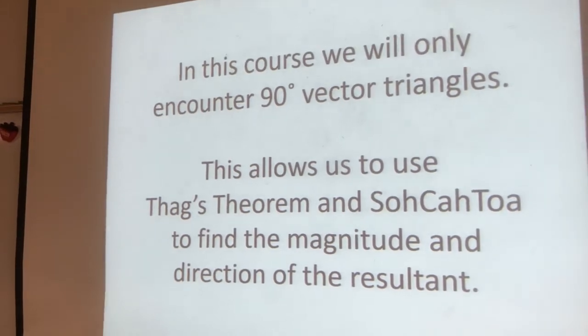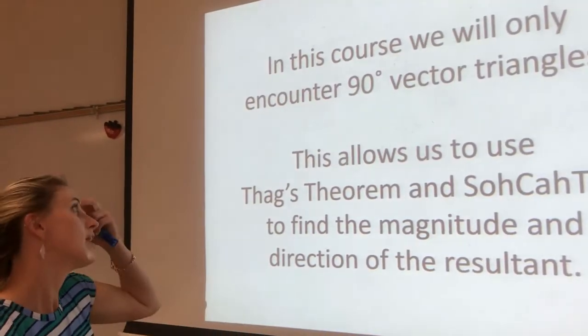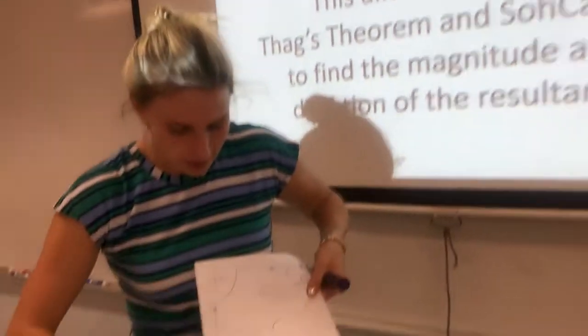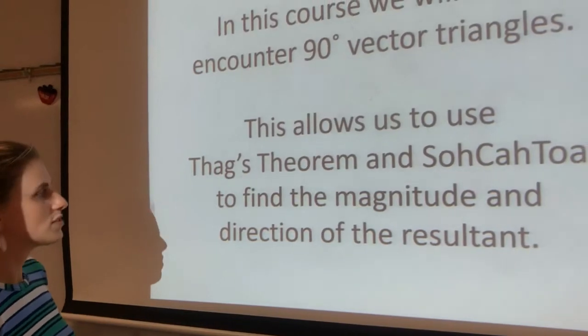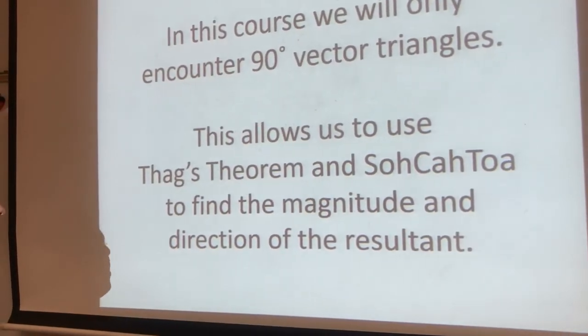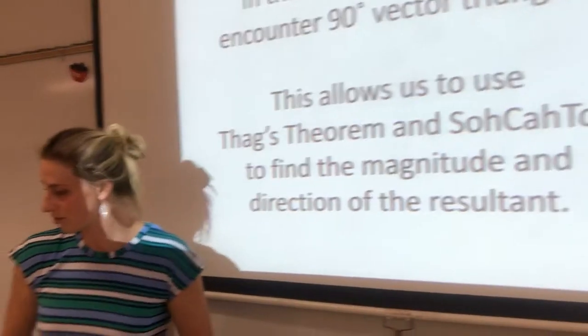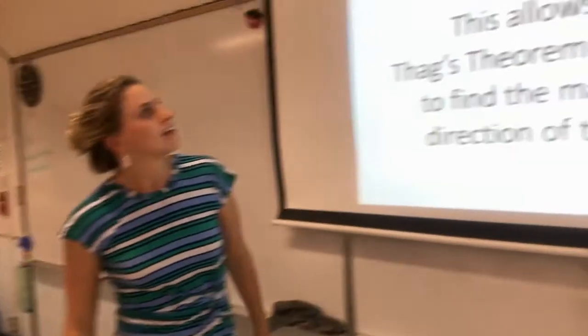In this course, we will only be encountering 90-degree vector triangles, like this. Right triangle. This allows you to use Pythagorean theorem and SOHCAHTOA to find the magnitude and the direction of the resultant, which we haven't talked about yet, but we'll get there.